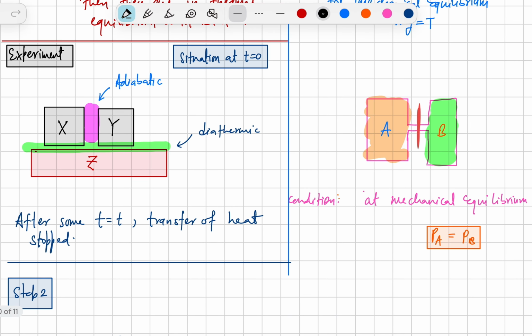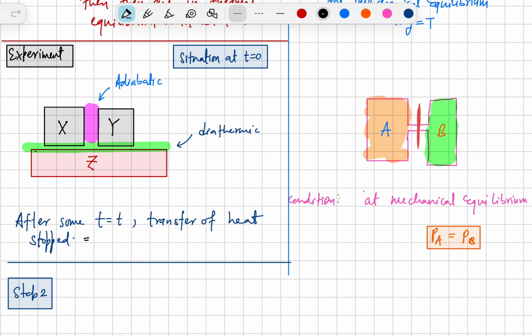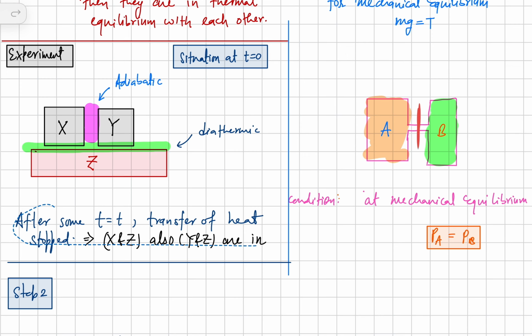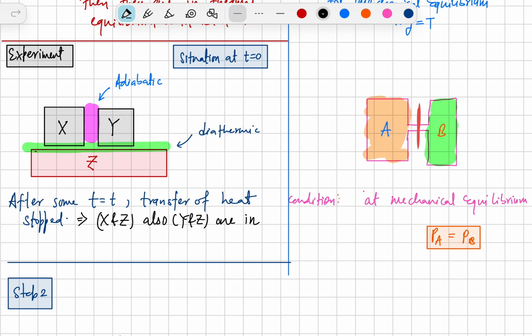And here we say that after some time t, the heat transfer stopped. And what was the conclusion? It means that x and z, also y and z, are in thermal equilibrium, because there is no change in the system, no physical property changing in thermal equilibrium.